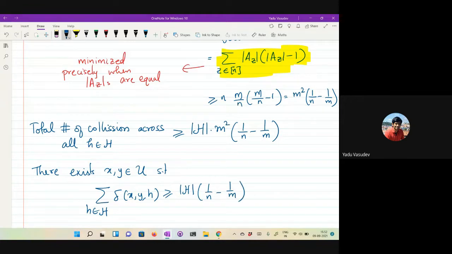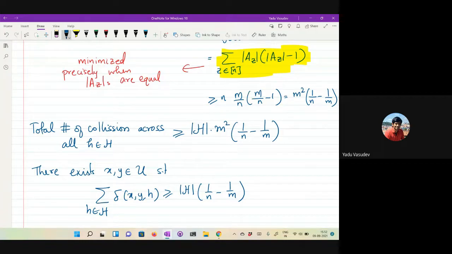It's just basic summing up. It cannot be that everyone is less than this quantity, because you need to sum it over all possible pairs. So for some two x and y in U, this must happen.